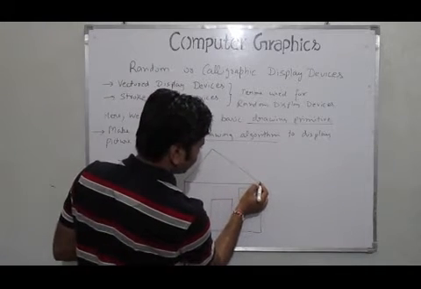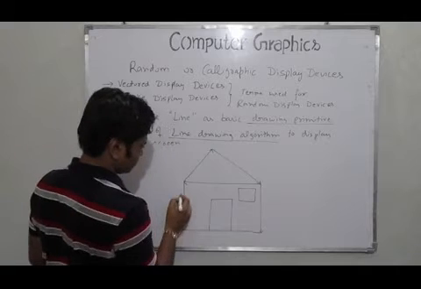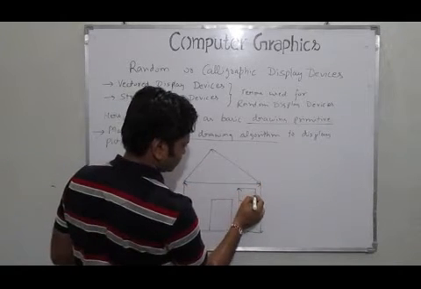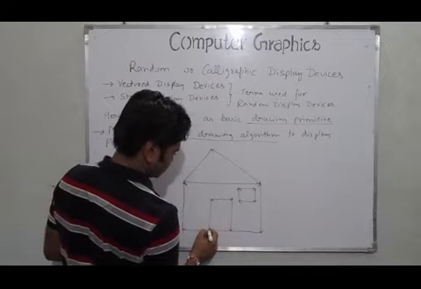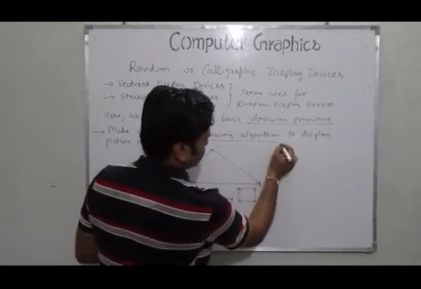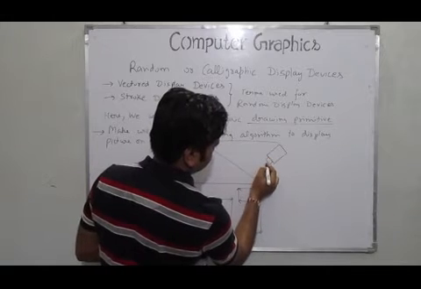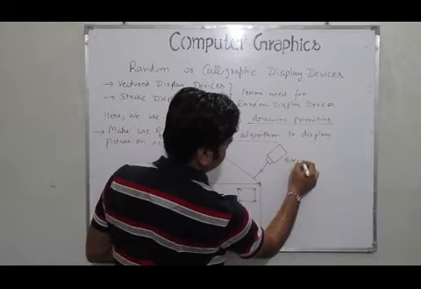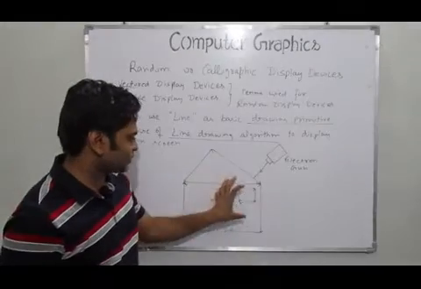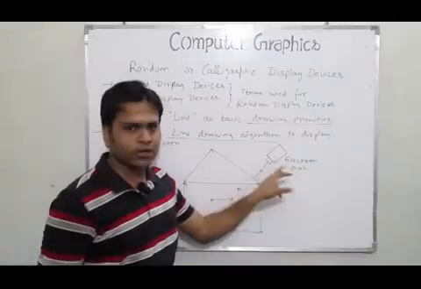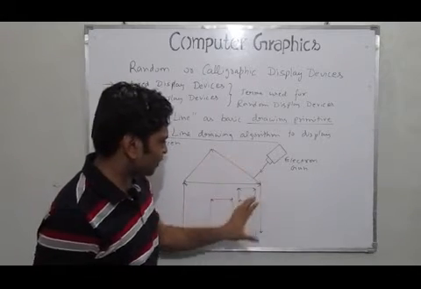Here it can be easily seen that in order to draw this picture on screen, the system made use of an electron gun in the random display device to draw the picture through a set of lines, and there is no particular order to draw these lines.